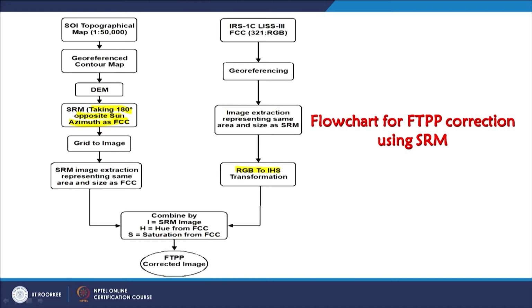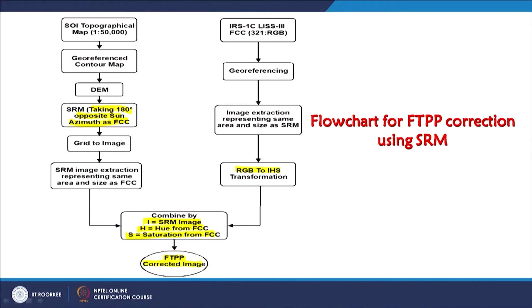So now this SRM is replacing the intensity image which we have split from RGB, and the remaining 2 components, hue and saturation, will go as they are. So we have 3 components: I as SRM, which has the opposite sun azimuth angle to the satellite image, and then the same hue and same saturation.